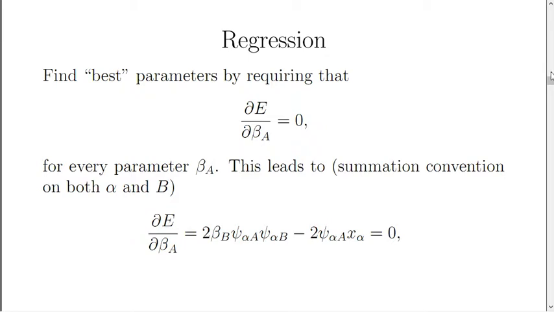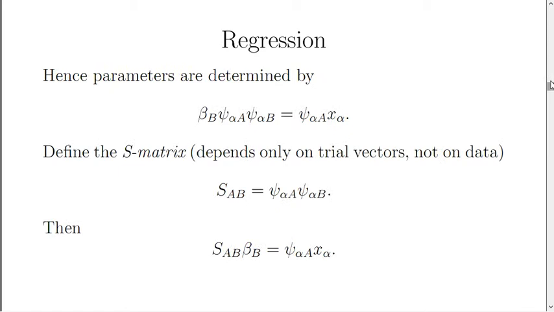And this leads to this equation, and I'm using the Einstein summation convention on both alpha and on B, so that here in this term, I'm summing over all possible data values and over all possible coefficients or parameters. Well, I can rewrite this equation just by bringing this term over to the right-hand side and dividing by 2. And I get the equation that defines the parameters. It looks like this.